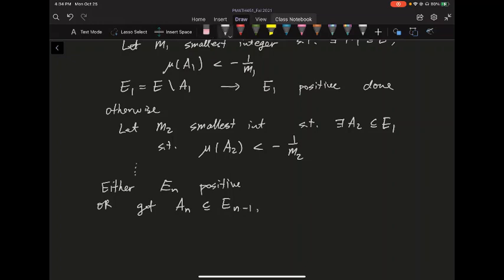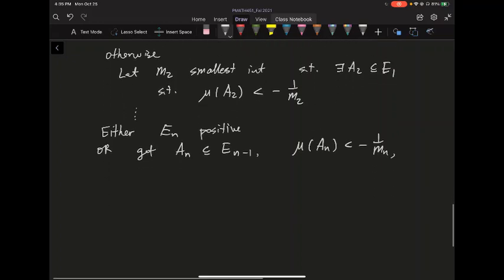That's just by our choice. And the mu of these An is going to be less than or equal to 1 over Mn, where Mn is the smallest integer so that that's the smallest mu of An I can find inside E of n minus 1.